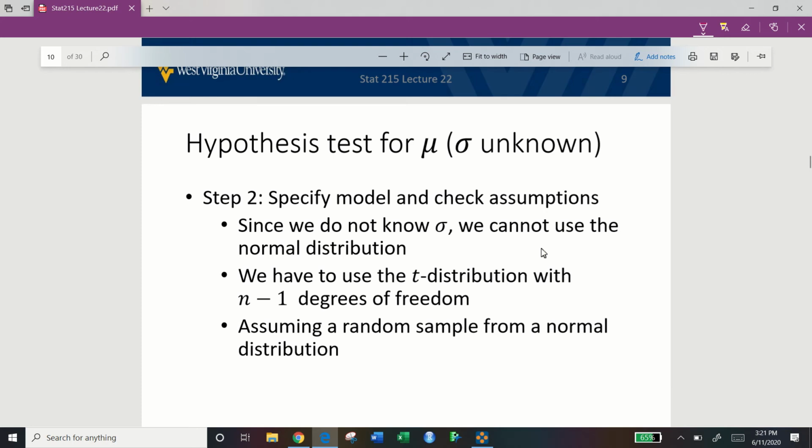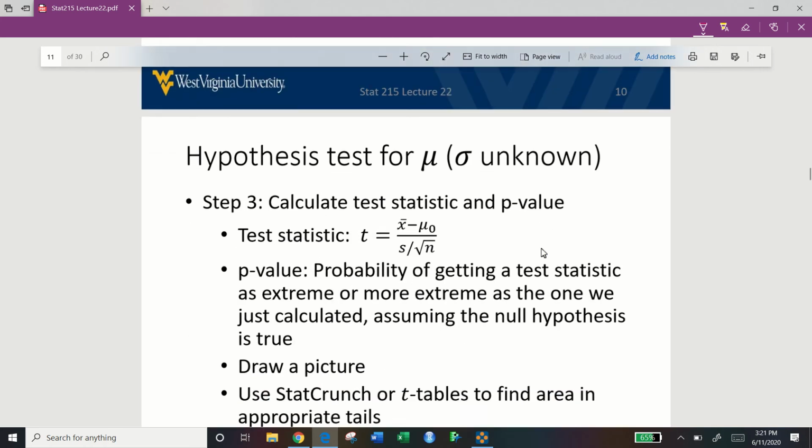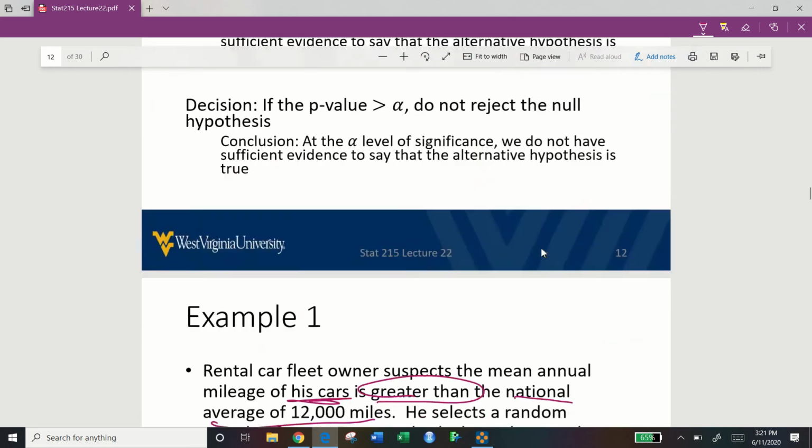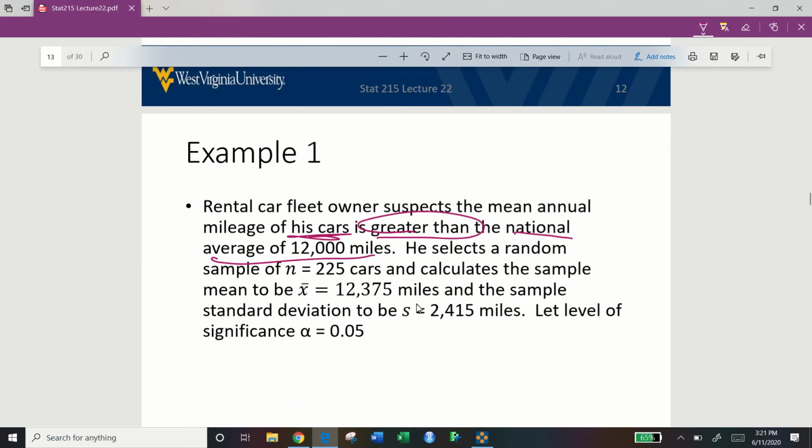We don't know sigma, so therefore we couldn't use the normal distribution. We used the t-distribution, and in the problem it said we had a random sample. So therefore, although I didn't state it, all of our assumptions were correct. Let's move on to example 2.